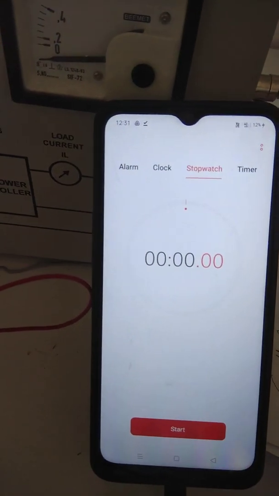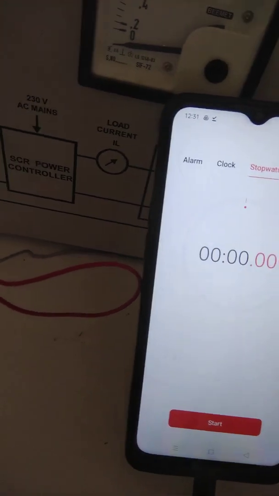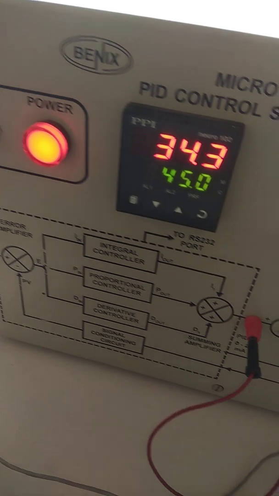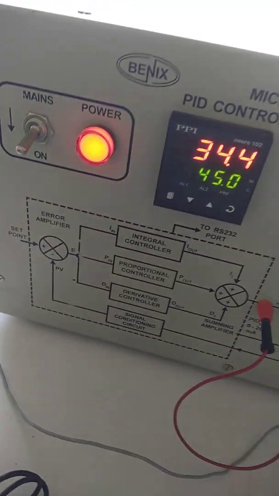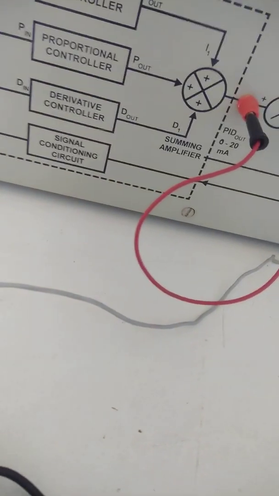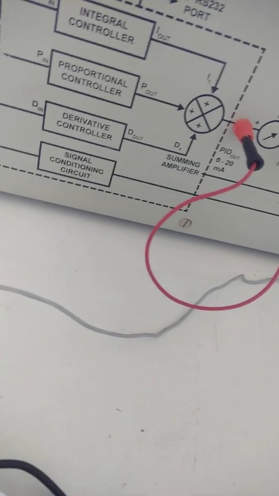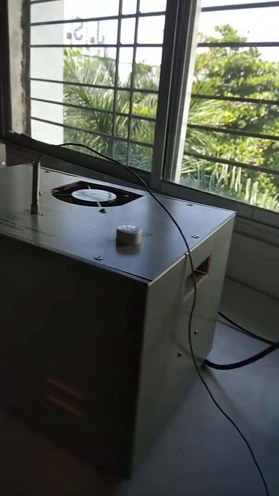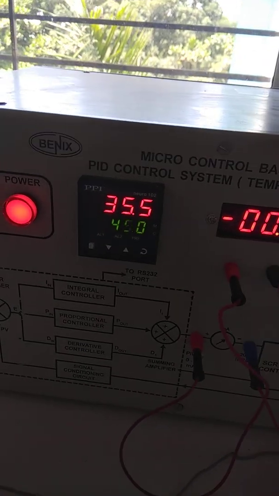Time in seconds can be measured by using a stopwatch, and corresponding temperature we will record. You can observe the bulb inside the oven is turned on, and temperature increases.